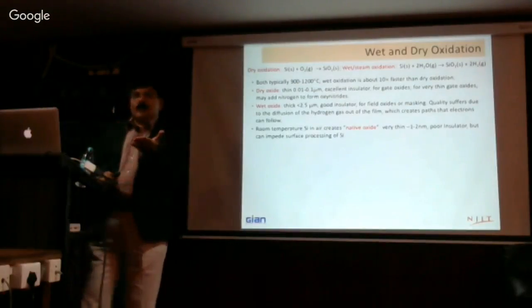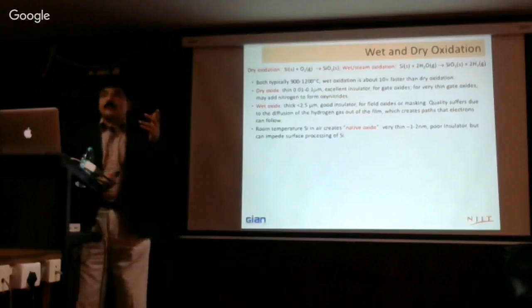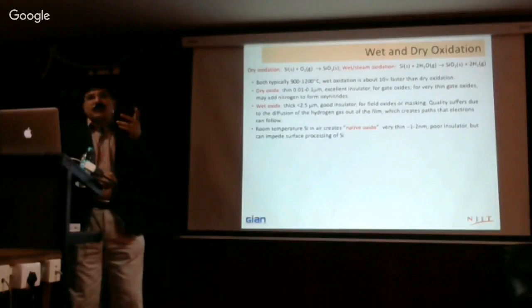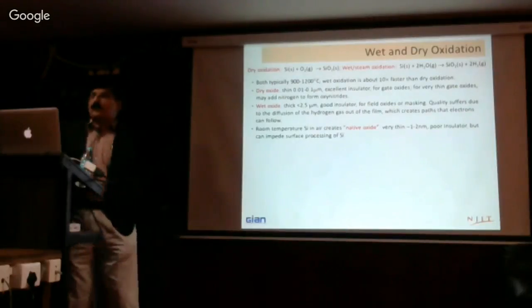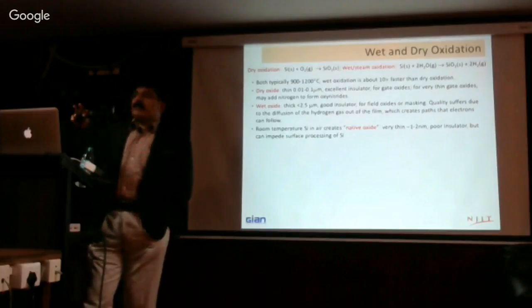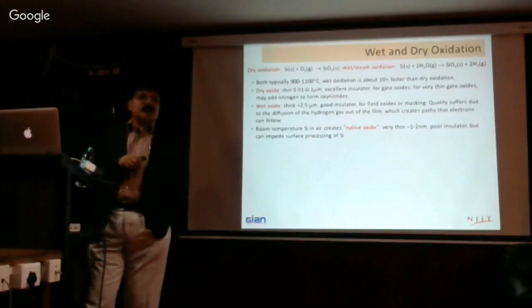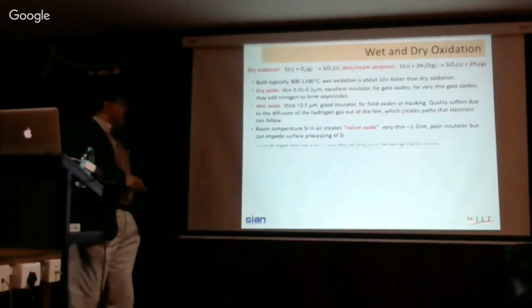If you expose a clean silicon wafer to atmosphere, it forms an oxide which is close to 1 nanometer. So 1.1 to 2 nanometer oxide can be formed. So what people do is keep the wafer inside vacuum. It always stays inside the vacuum to grow the oxides.